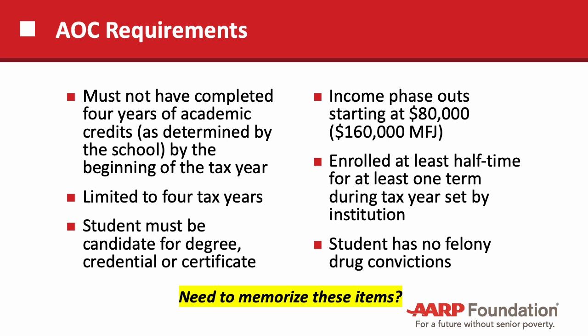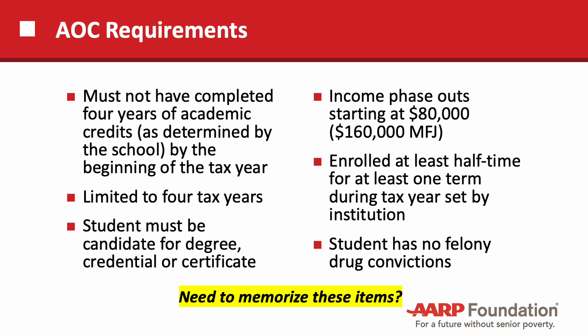The student must be a candidate for a degree, a credential, or a certificate. Income phases out starting at $80,000 and $160,000 for married filing jointly. Now, the student must be enrolled at least half-time for at least one term during the tax year set by the institution. The student must have no felony drug convictions.